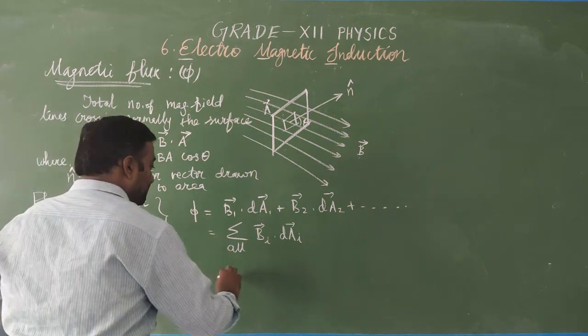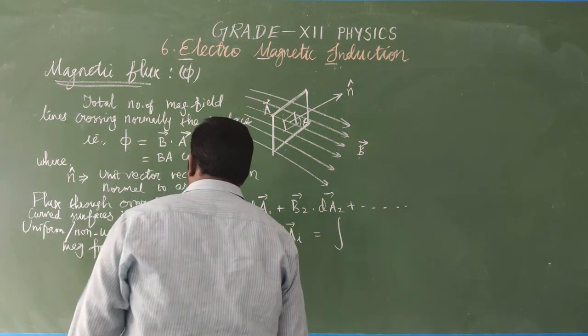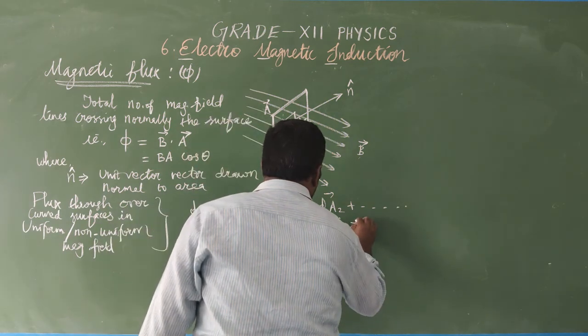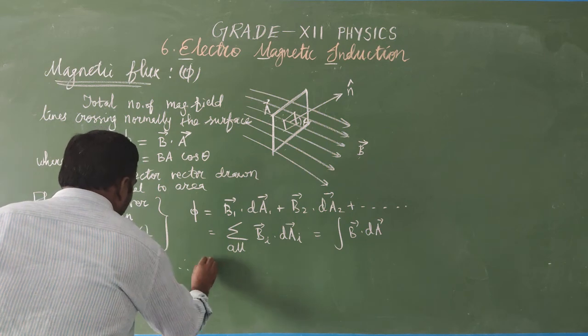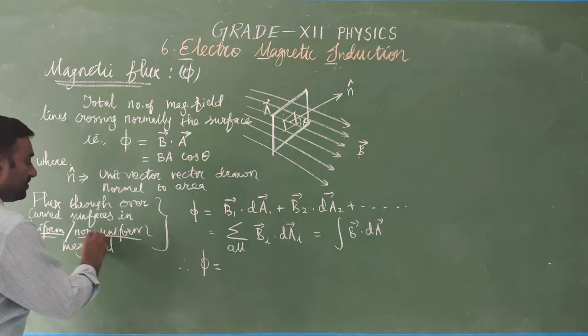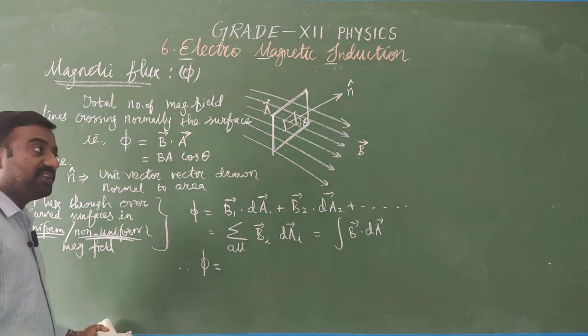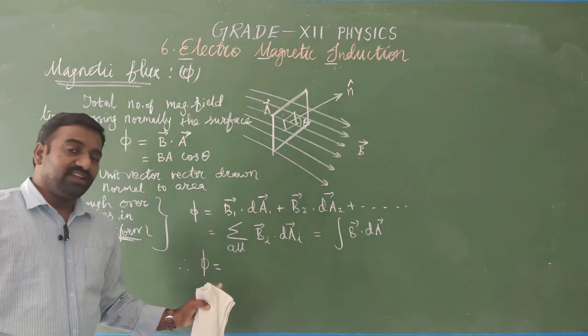So we can say that integration, which is equal to integral of B vector dot dA vector. Therefore the total flux through this curved surface area, whether the field is uniform or non-uniform, is obtained by adding up every element.